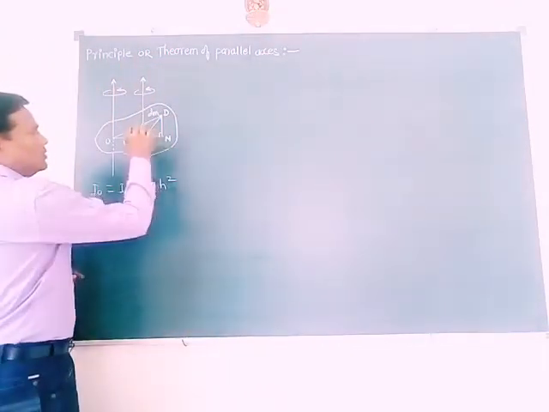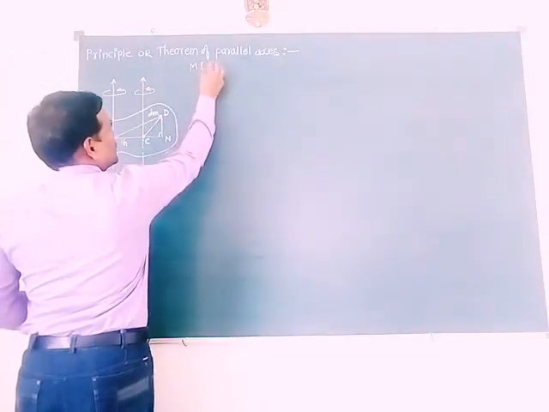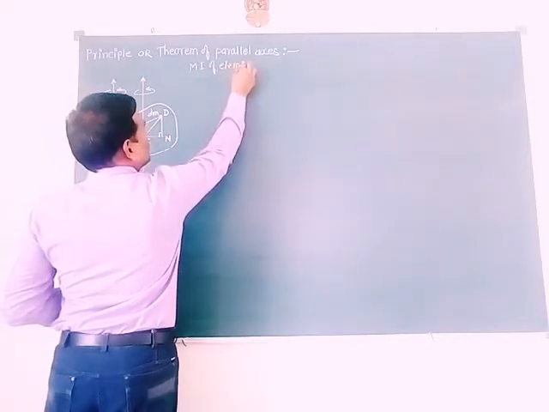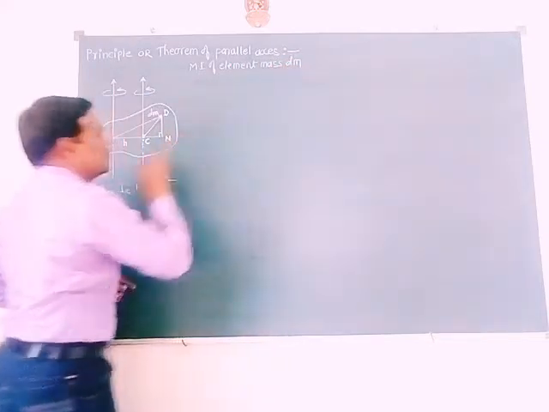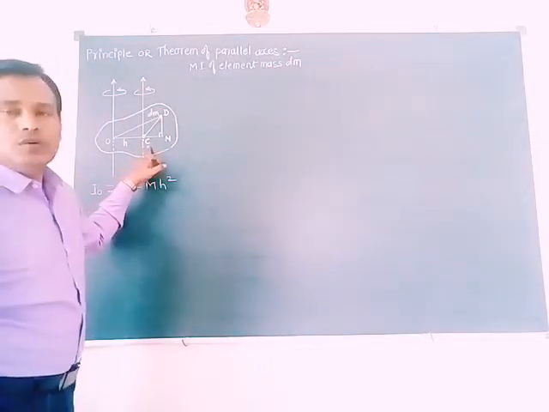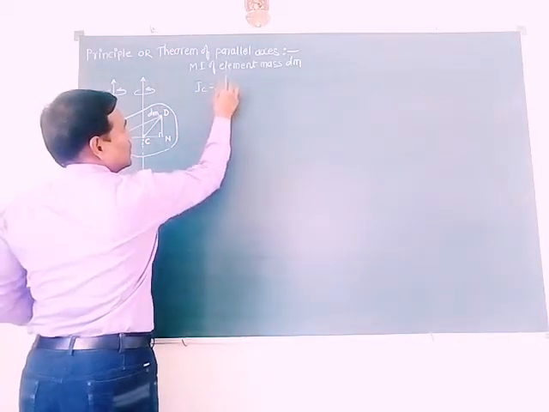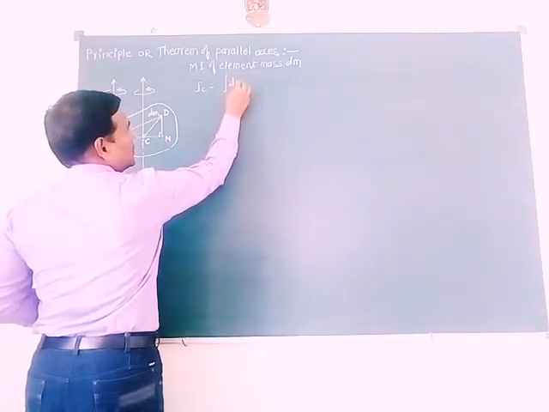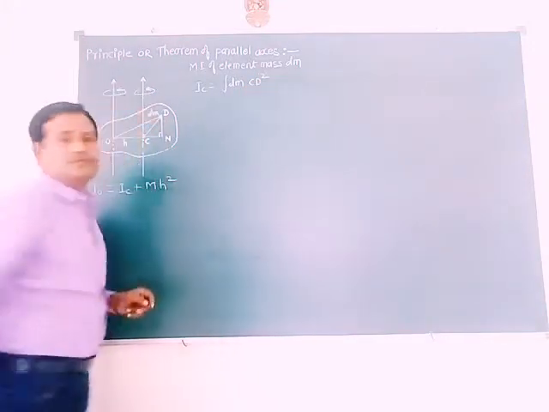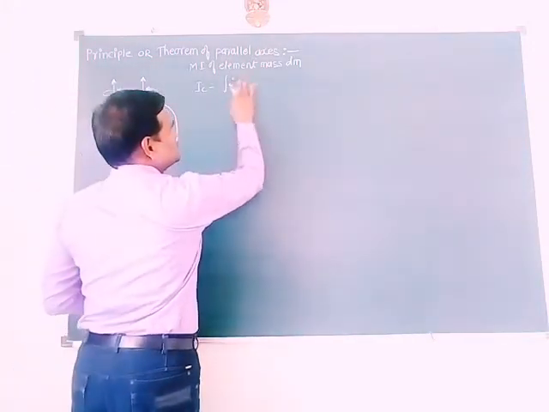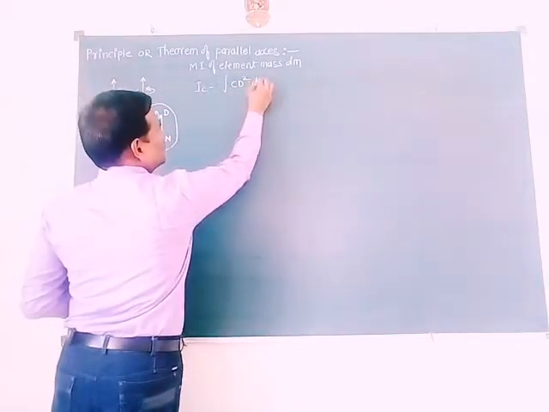The moment of inertia of this element of mass dm about the axis passing through the center of mass is IC, which is the distance square into dm, that is, CD square into dm.